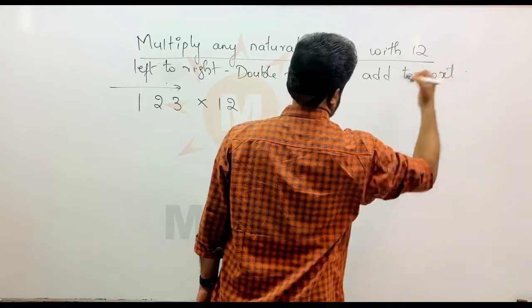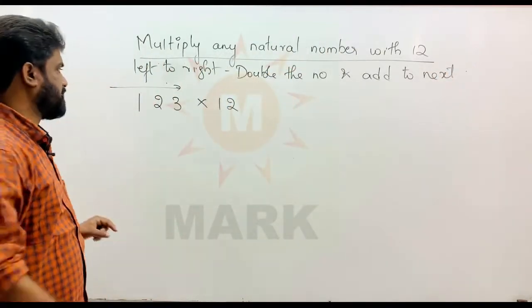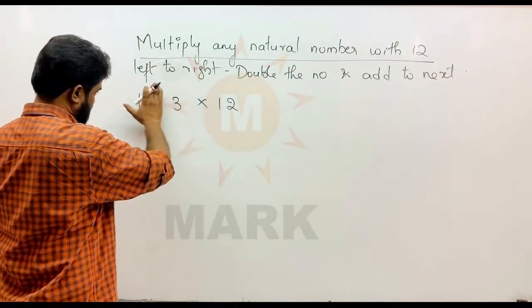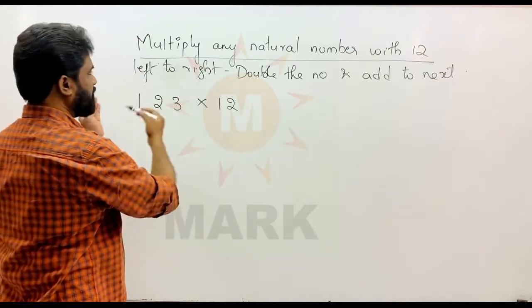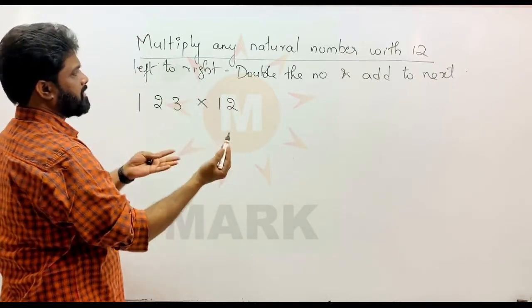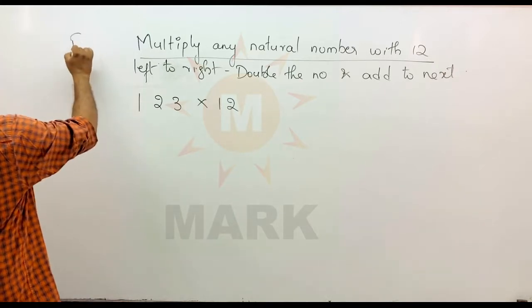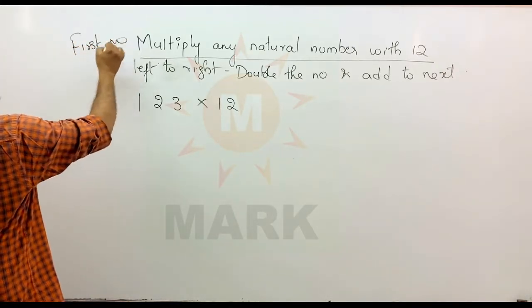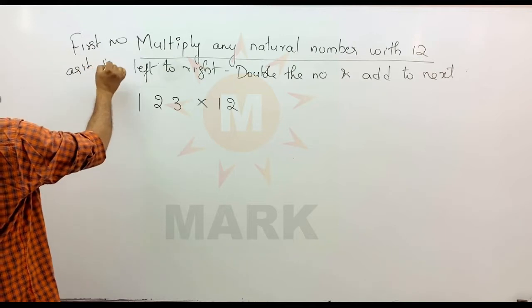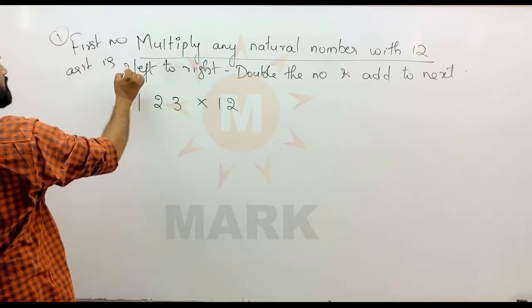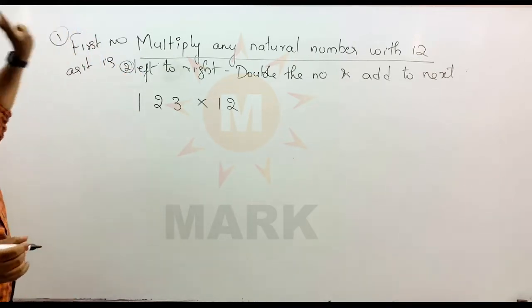Double the number and add to next. This is the main trick in this multiplication with 12. Starting from left to right, double the number and add to next number, and before that write the first number as it is. So this is point number 1 and this is point number 2. First number as it is you have to write.